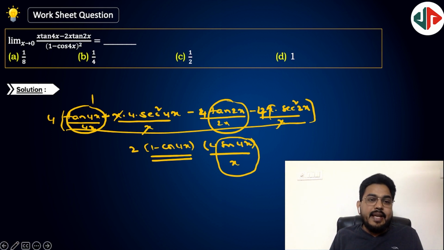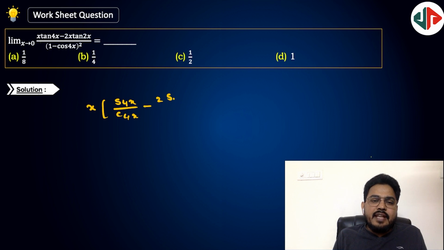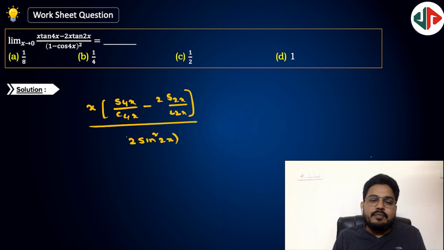And one more thing you can do is go for the normal trigonometry. In the normal trigonometry, I will write x common. This is sin 4x by cos 4x minus 2 times sin 2x by cos 2x, by 1 minus cos 4x, which is 2 sin square 2x, whole square.